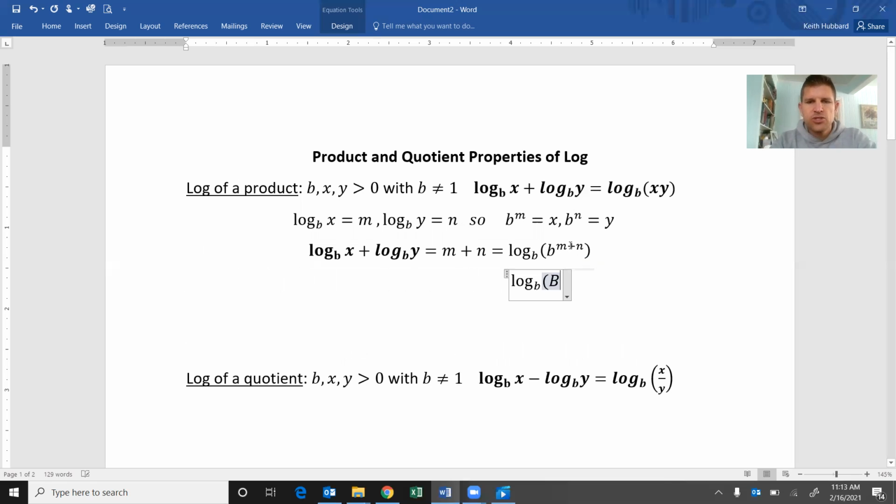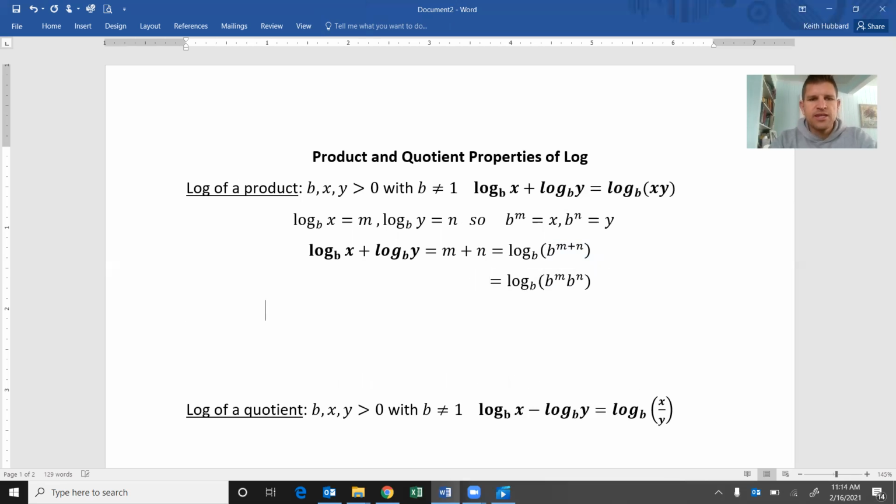That's b to the m times b to the n, right? That's the property of exponents. Now you might say, why does that matter? Well, as long as you believe that it's true at this step, that's the important thing. And then in the next step, you'll probably see why I care.